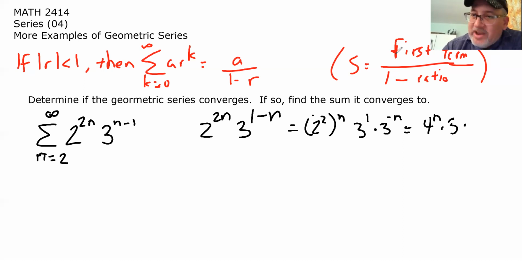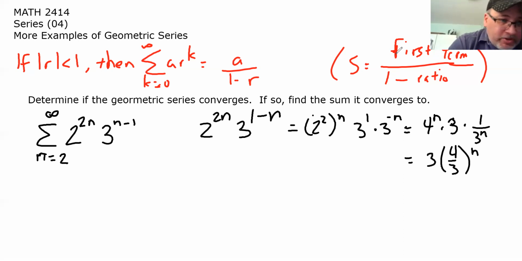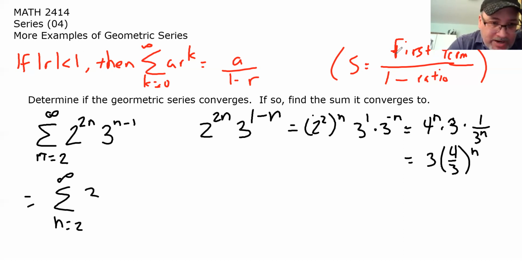And of course, the 3 to the negative n would be 1 over 3 to the n. And that means we can merge the exponential parts together. The 4 to the n over 3 to the n we can put together as 4/3 to the n. And we have the 3 in front. So this series is the same as the sum from n equals 2 to infinity of 3 times 4/3 to the n.